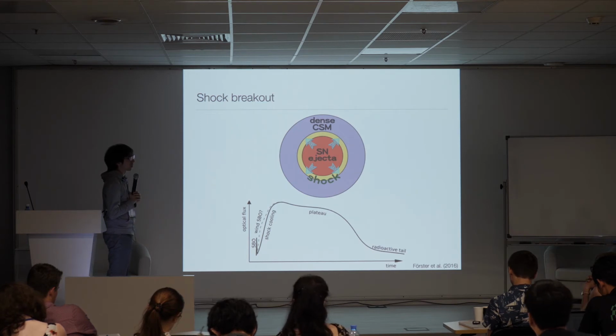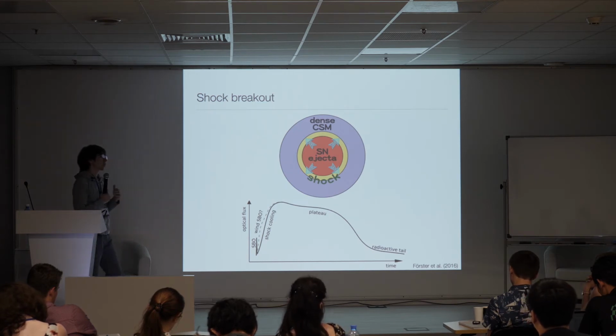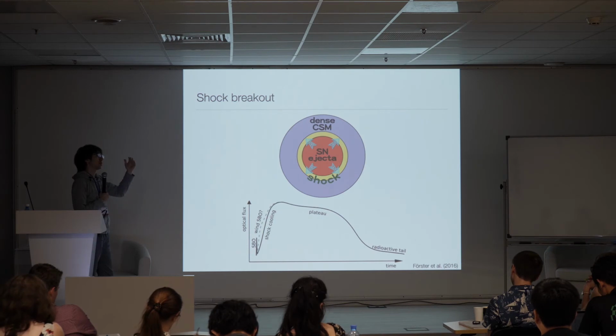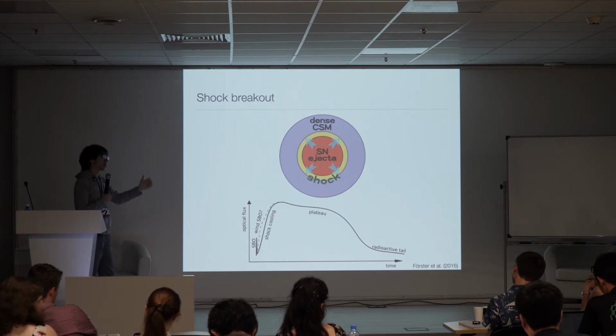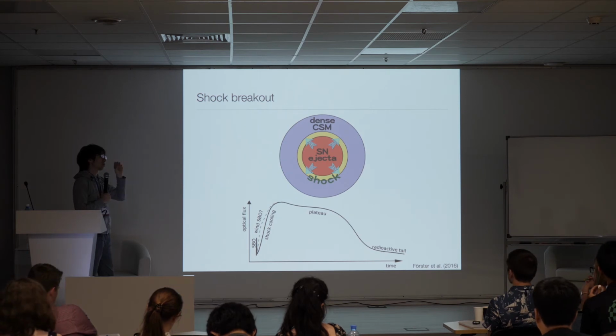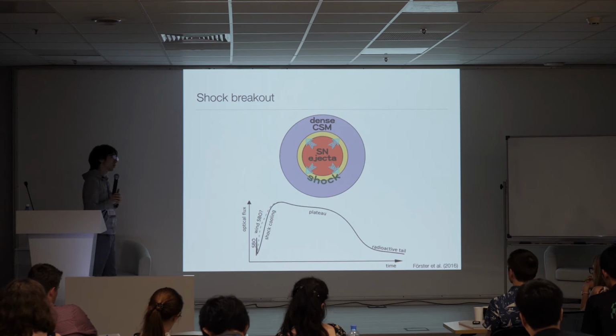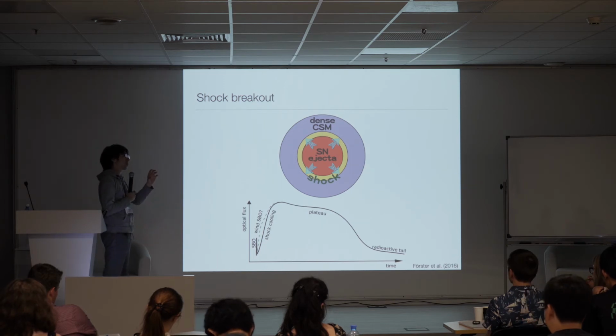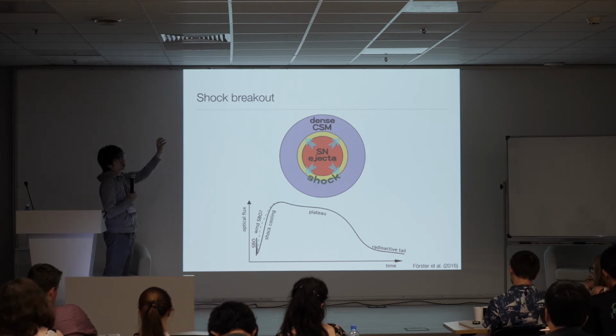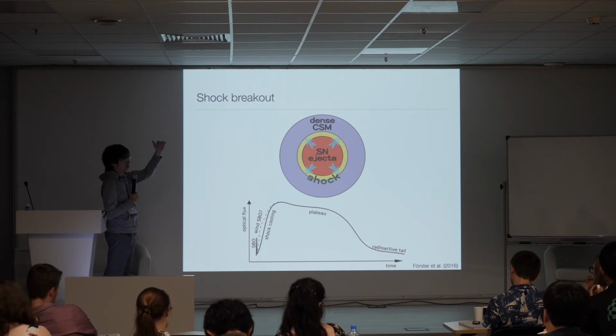But we actually know that type 2n supernovae have very diverse progenitors. The ordinary type 2 supernovae are from red supergiants. But we know in some cases type 2n supernovae happen in the very massive end, like luminous blue variables.